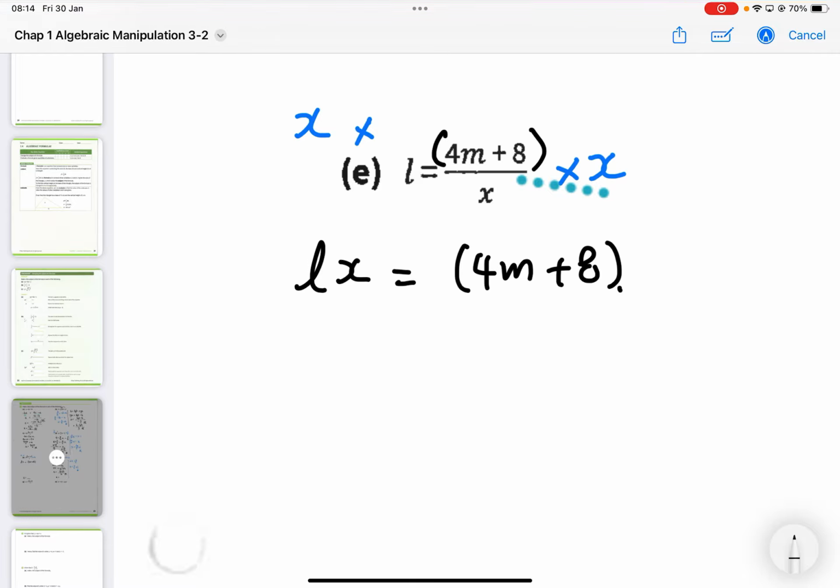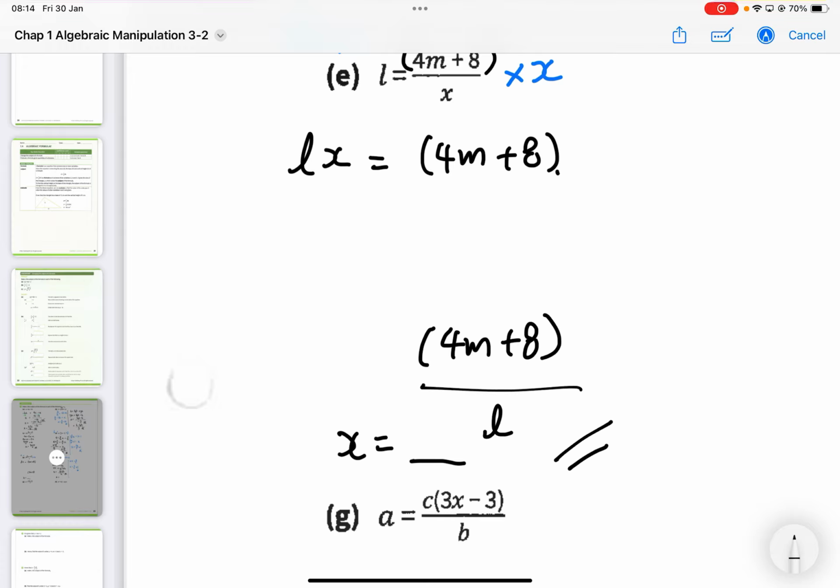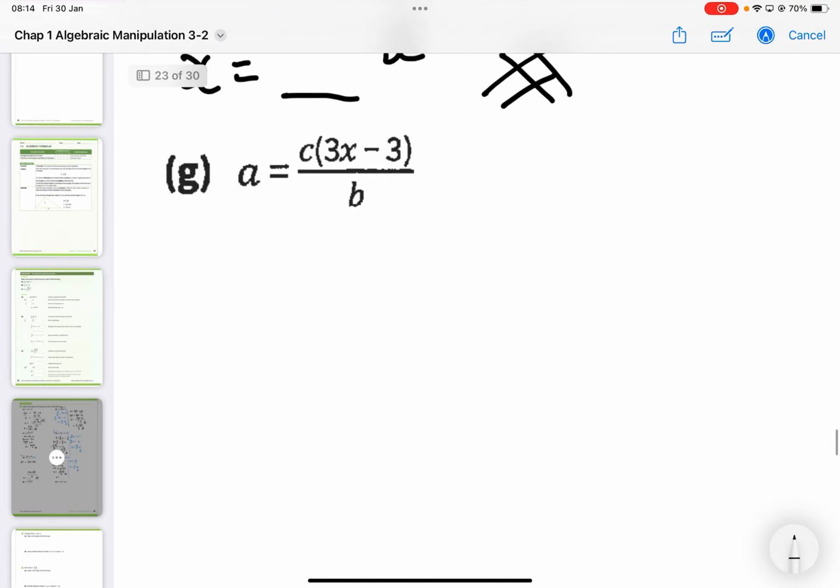If this is 2x, I will divide by 2. So when this is Lx, I divide by L. So my X is just 4m plus 8 over L. Can? This one shouldn't be too difficult.